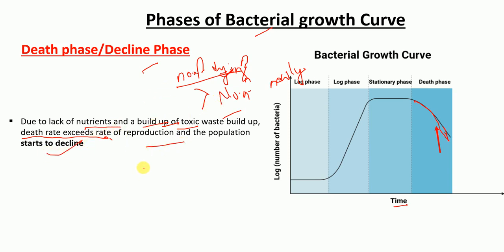So basically, what happens in the decline phase? In the decline phase, the death rate is higher than the reproduction rate. Therefore, the population of the bacteria starts declining.